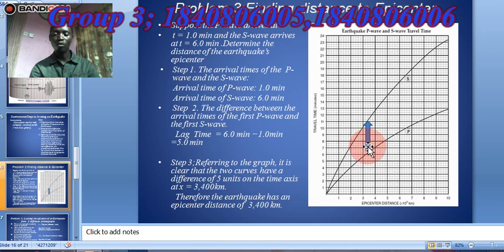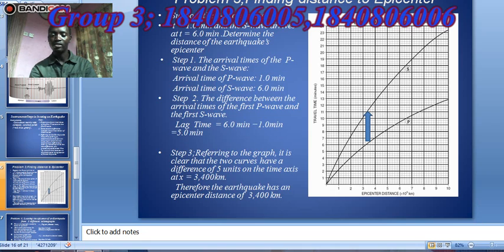Then we refer back to the distance on the horizontal axis, and that will give us the epicenter of the earthquake. So as you can see, when we drag this arrow from here, it was able to perfectly fit in between the two curves at a distance of almost 3,400 kilometers. So we can now say the earthquake has an epicentral distance of 3,400 kilometers, and that's all.